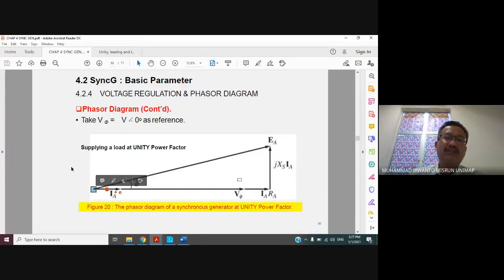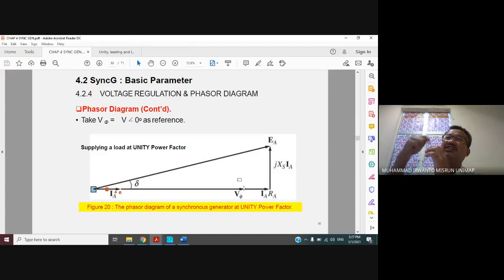The first you draw is the phase voltage, the terminal voltage, like this one. The second, you draw the armature current. When you draw the armature current, remember the power factor, cos theta.